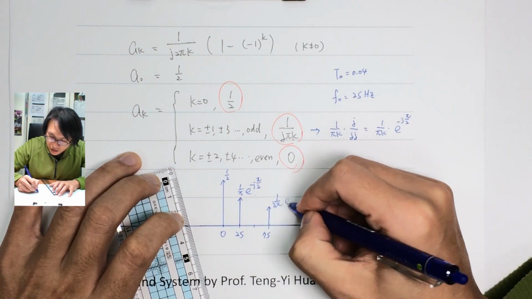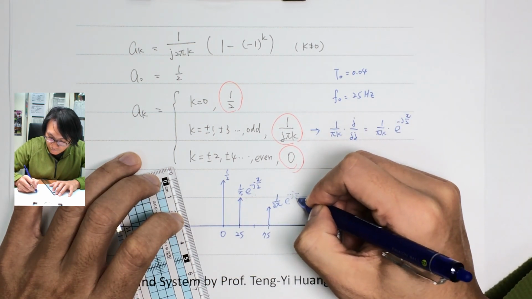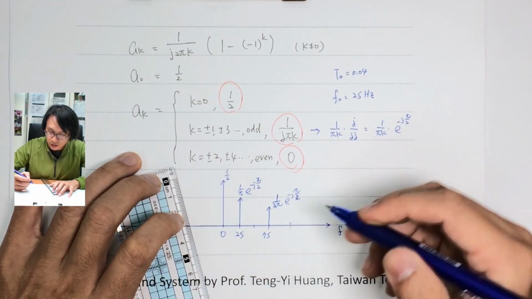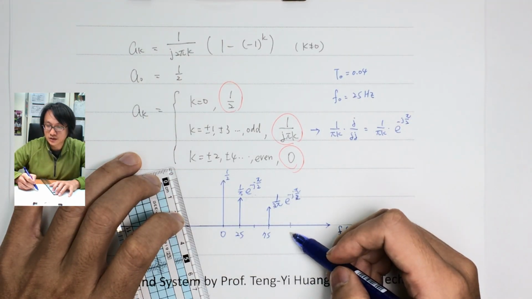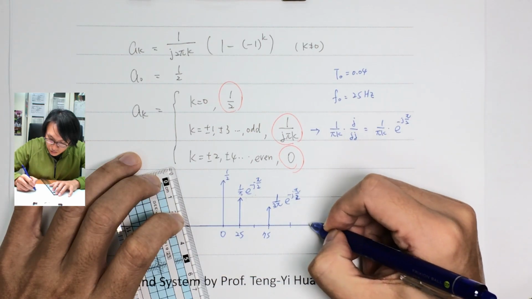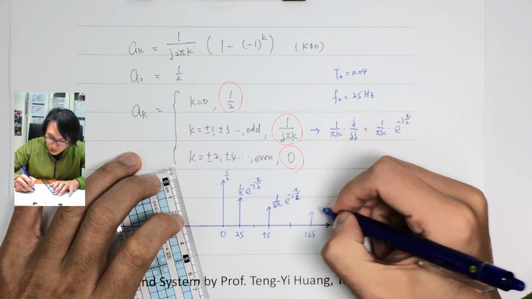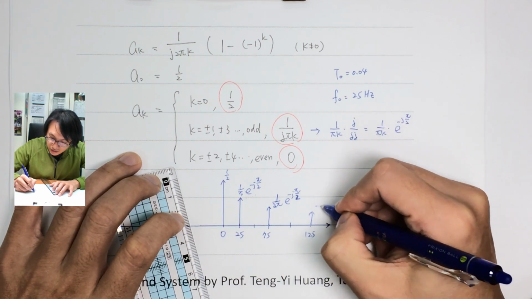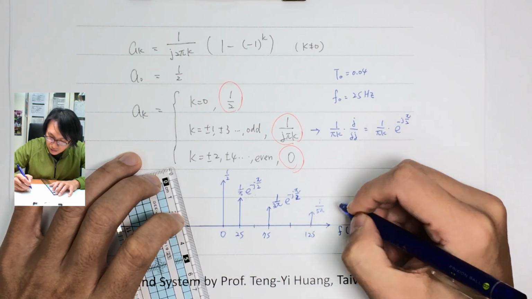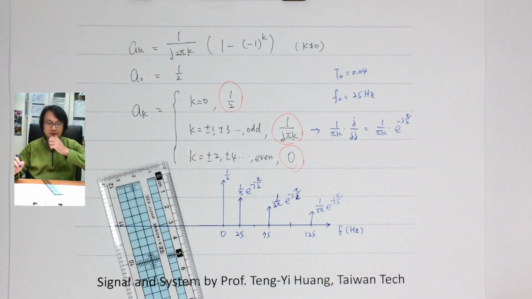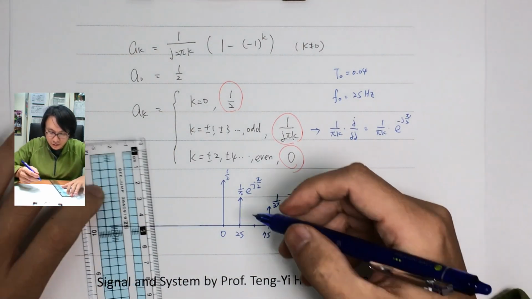And the phase is the same. K equals 4 has nothing. K equals 5 is 1 divided by 5 pi, with the same phase. We can also plot k equals -1.